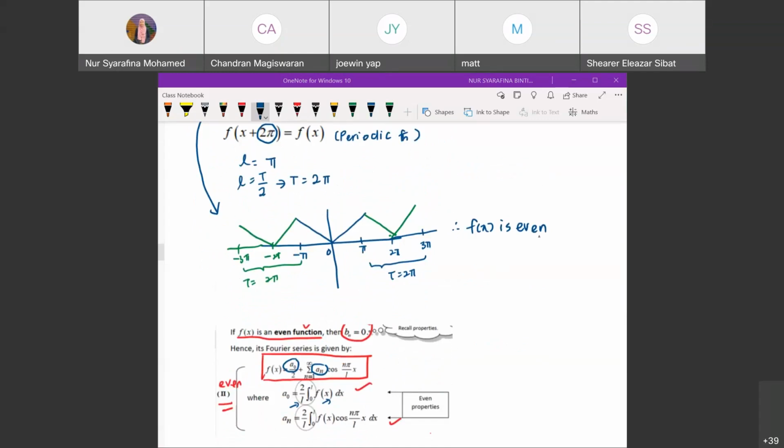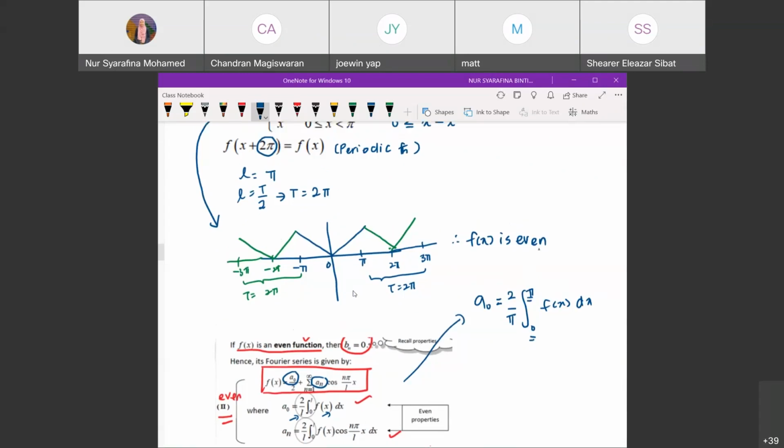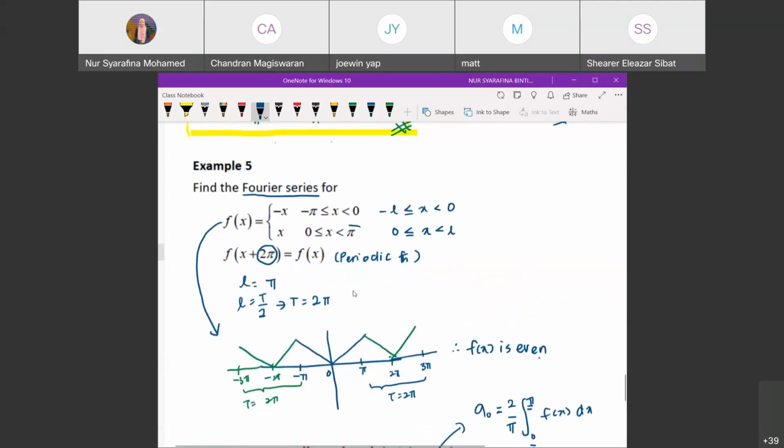Okay, for a0, now let's take a look at a0. a0 is 2 over L. L is what? L is pi. Integrate from 0 to pi of f(x). So now you have to check from 0 to pi, which f(x)? So from 0 to pi, so this one.